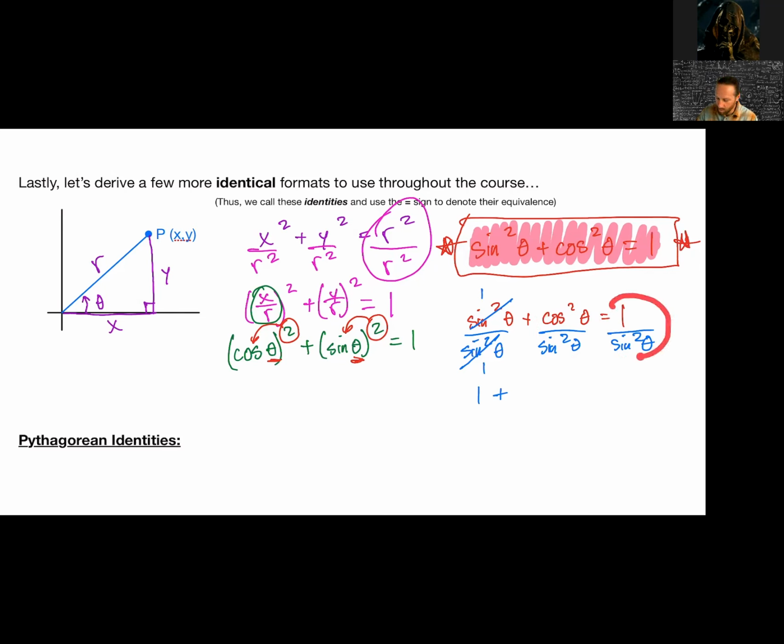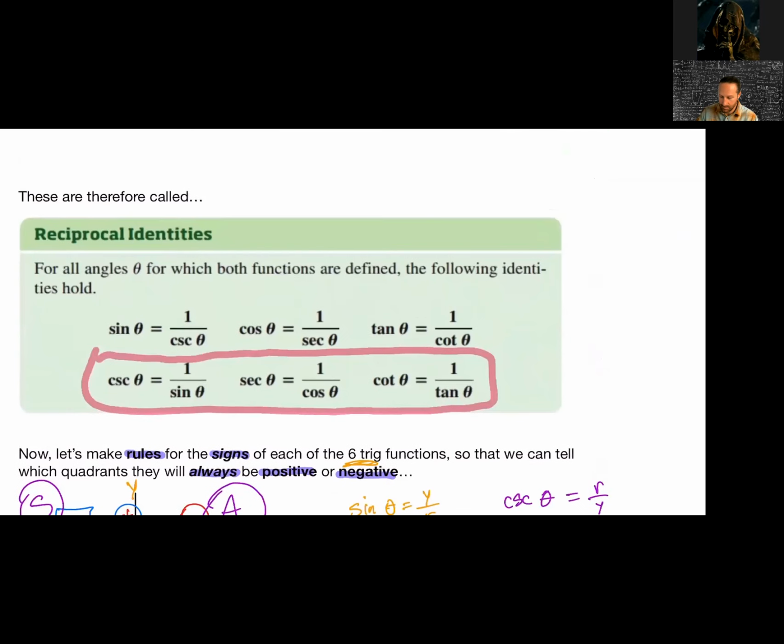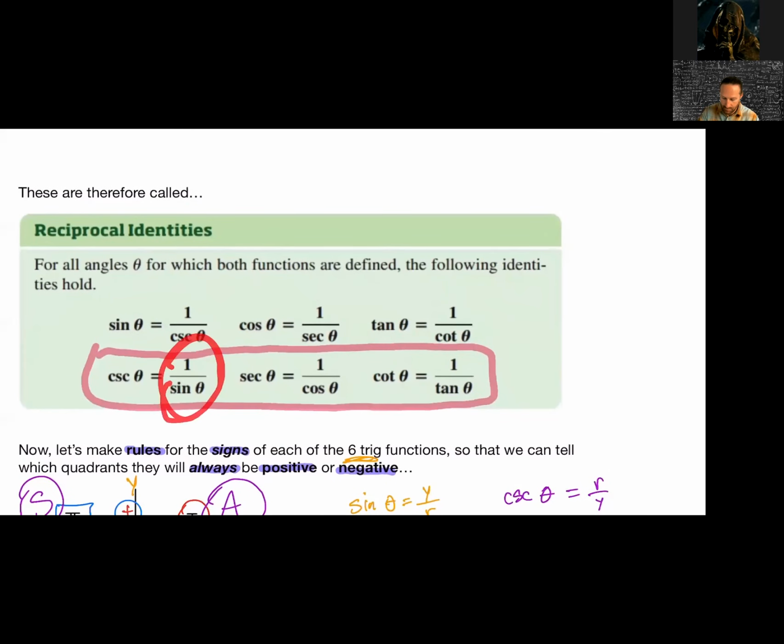And do we know what 1 over sine squared theta is? It's cosecant. Very good. We just went over 1 over sine is equivalent to cosecant.